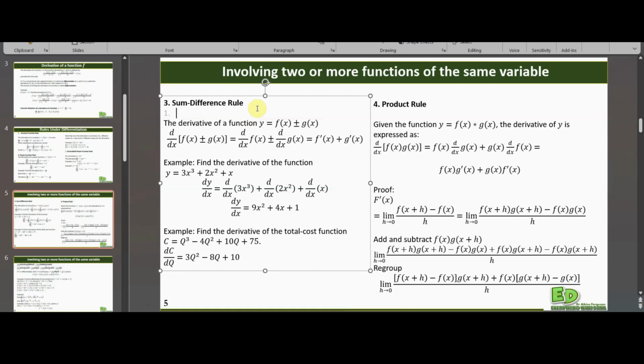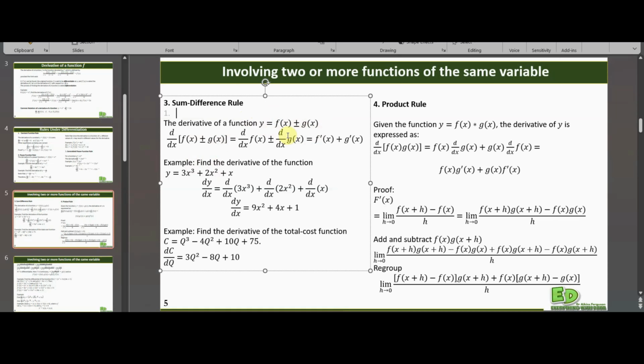Okay, maybe you have a first term, right? Say f of x plus g of x, or it could be f of x minus g of x. It means that you have two different terms over here, but it is being separated by a binary operation, which is maybe a positive or a negative.